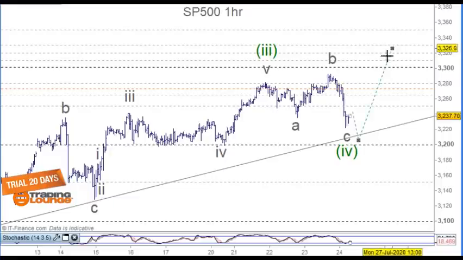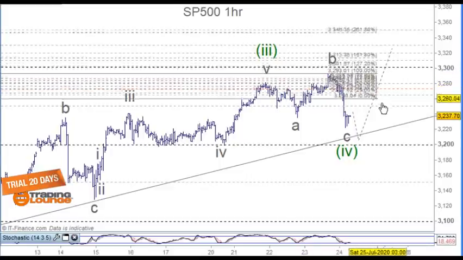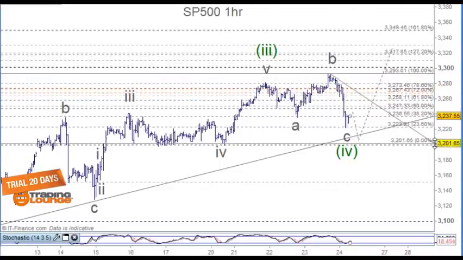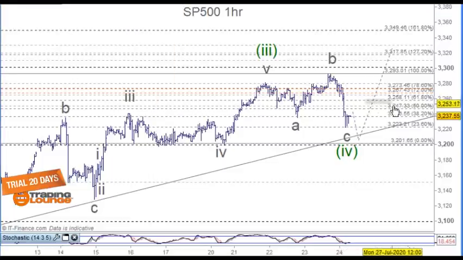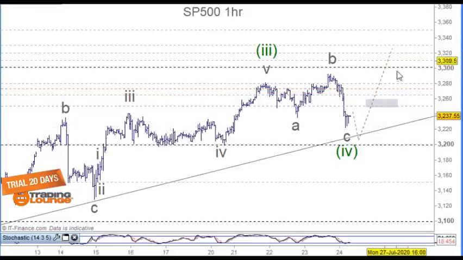What we do need to be mindful of, just to be sure, is that once we have that top in place, and the low in place here, we'll need to look at the 50-60% retracement level here, because if I've made a mistake anywhere, that's the place where the market can fail from.